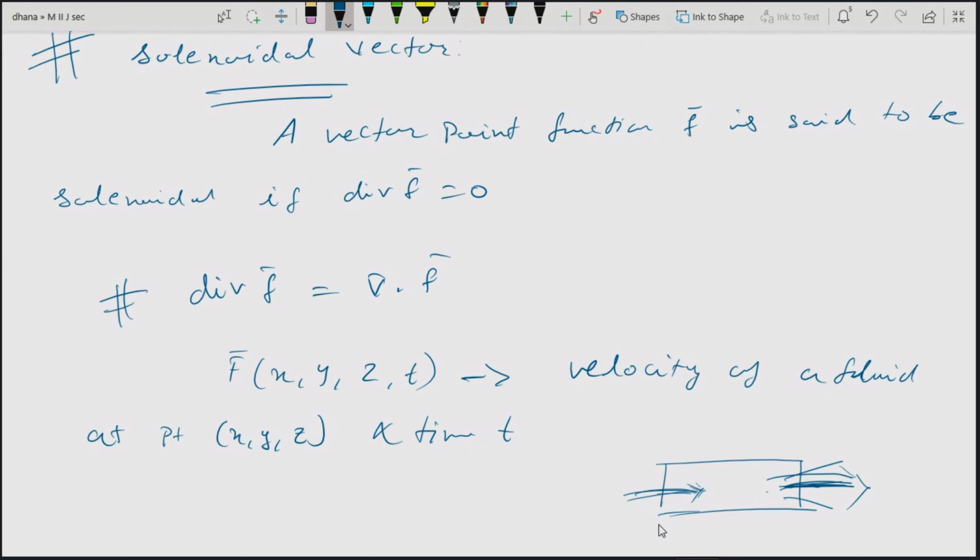Similar meanings can be understood with respect to divergence of vectors from other branches also. Later you will learn all this interpretation in fluid dynamics, electricity, magnetism. So depending upon the physical problem, the divergence meaning changes. Understood?